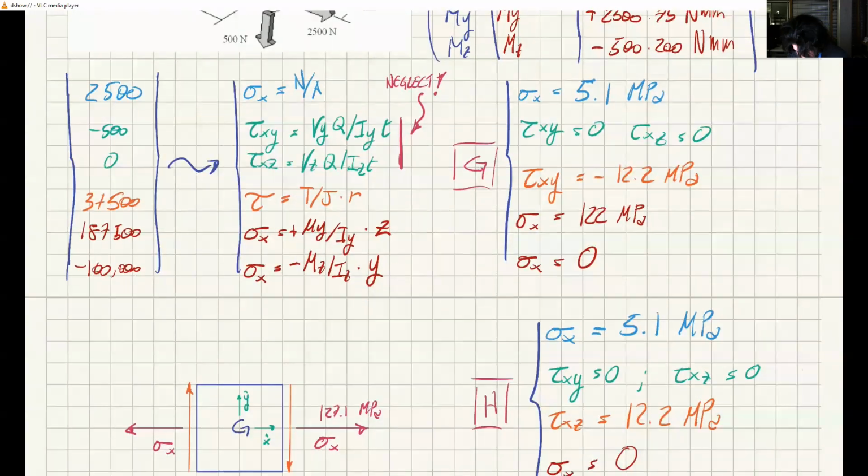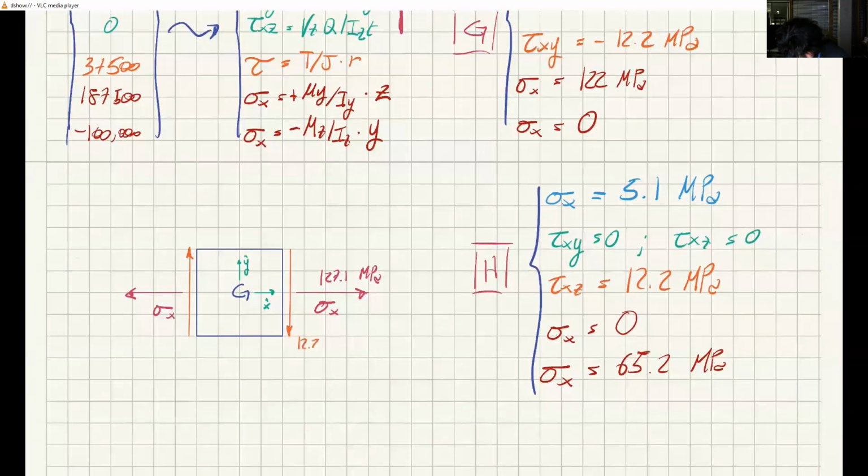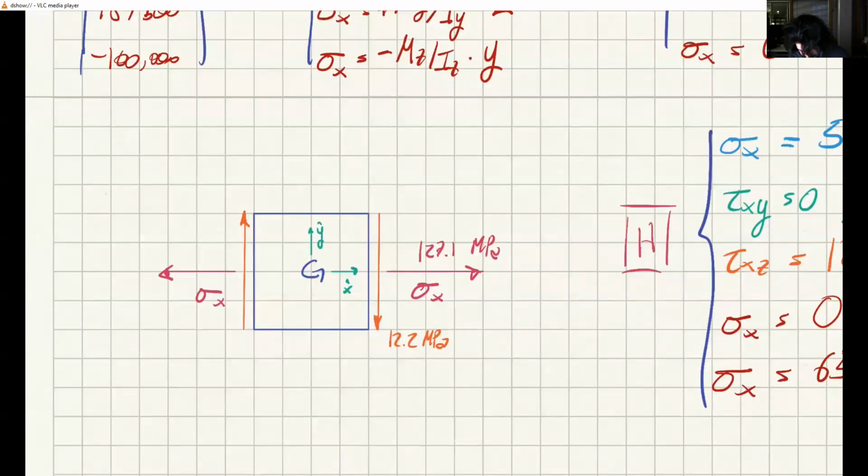This is 12.2 megapascals. But since these two stresses make the element rotate clockwise, there must be two more stresses appearing here and here.